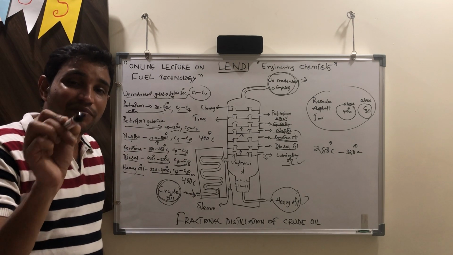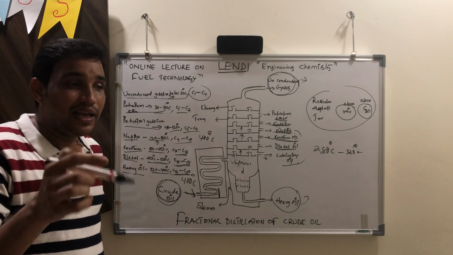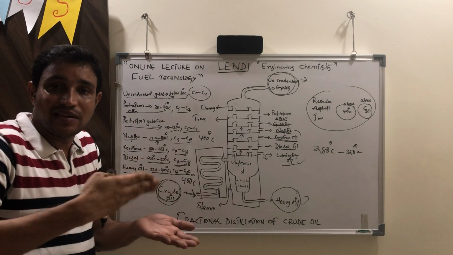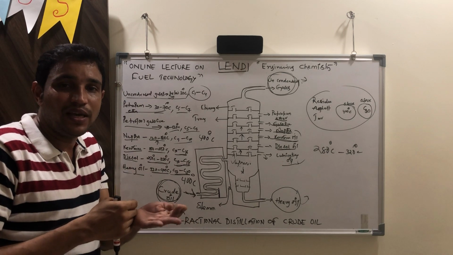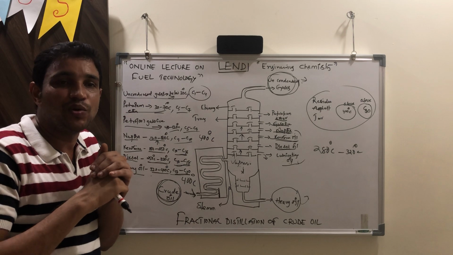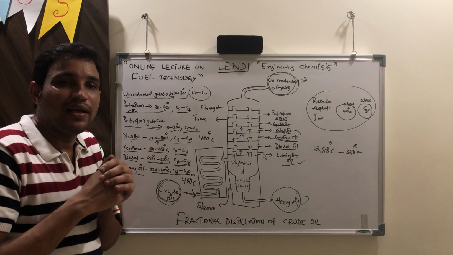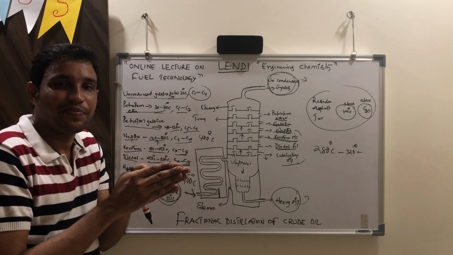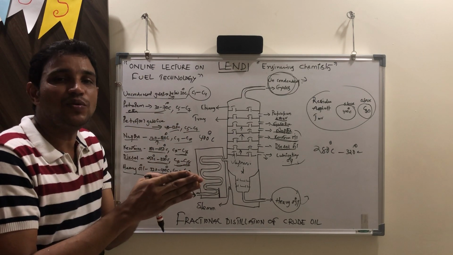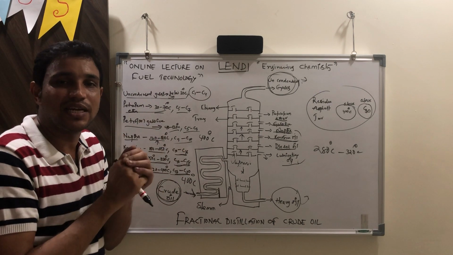It cannot be done with our hands or a knife. We need to do it chemically. Then how? Apply temperature, make the crude oil into vapors, and allow the vapors to pass through the fractional distillation column.